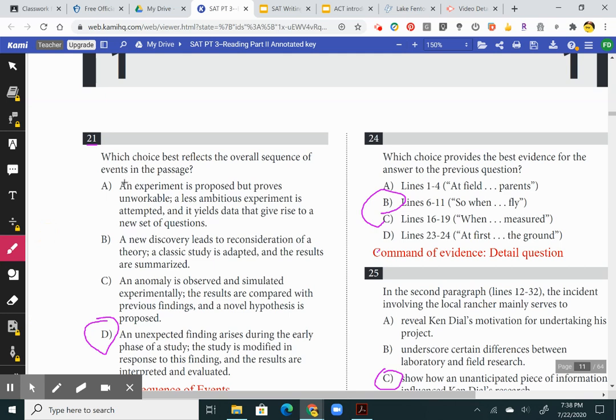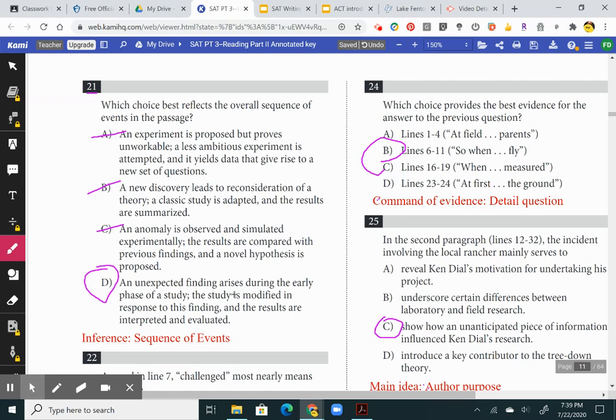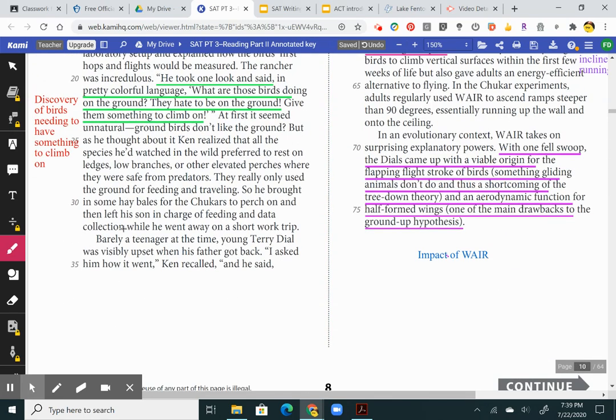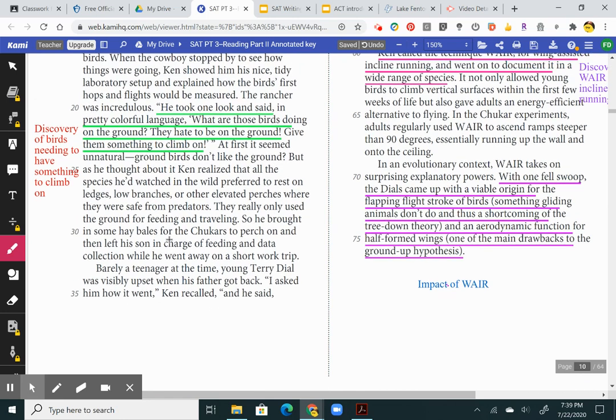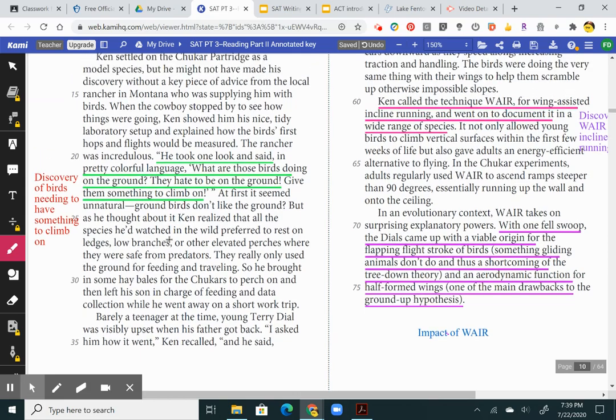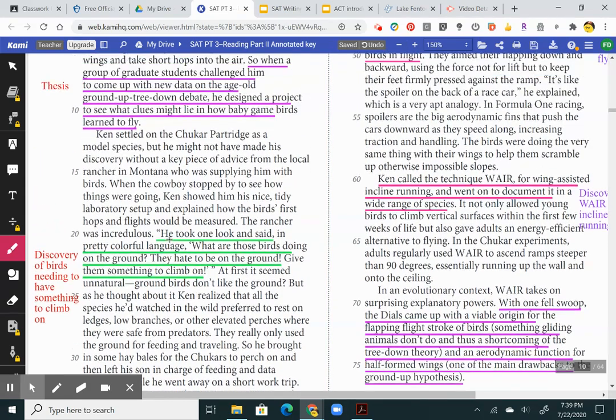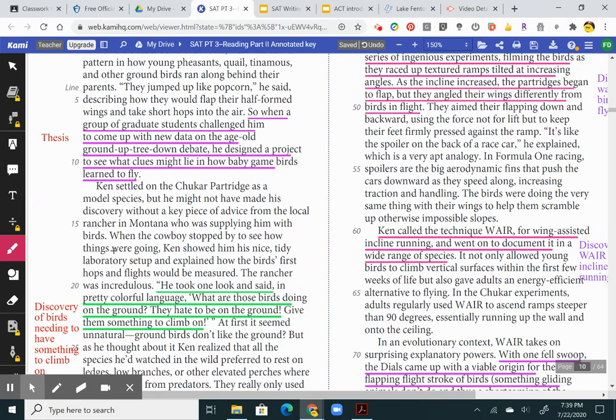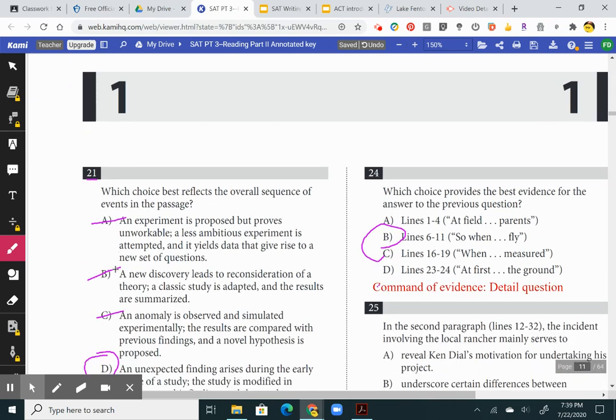I'm going to put my drawing out and eliminate: a new discovery leads to reconsideration of a theory. No, it's not that. An anomaly is observed and simulated experimentally. No, it's not an anomaly. An unexpected finding arises during the early phases of a study. This is when Ken is talking about his father and he's setting up this experiment for the model species about how game birds are learning to fly.